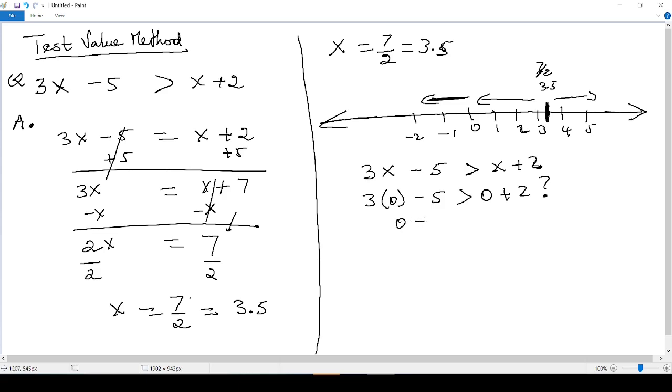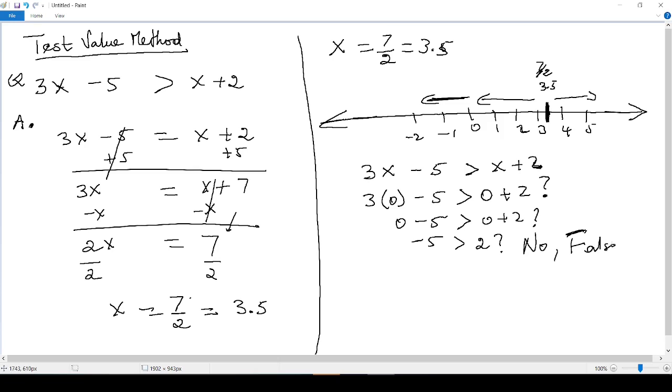I have 0 minus 5. Is it greater than 0 plus 2? Don't know yet. 0 minus 5 is negative 5. Is negative 5 greater than 2? What do you think? No, false.